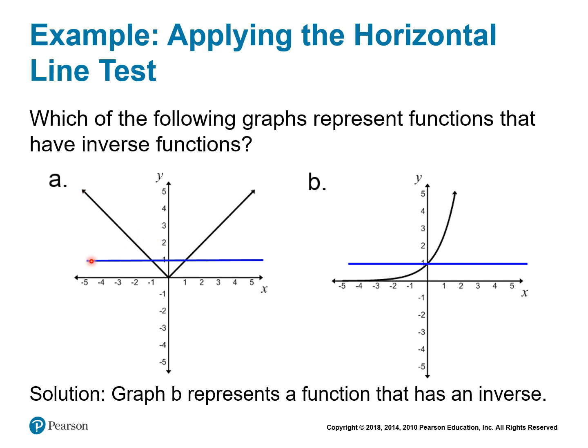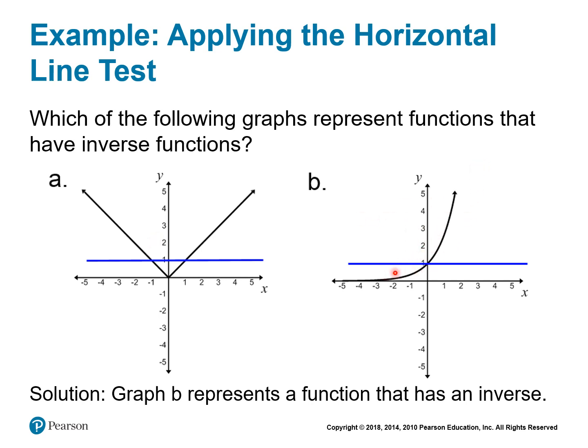And we draw our horizontal lines, and like we saw previously, this horizontal line intersects the V at 2 points. Therefore, this does not have an inverse.